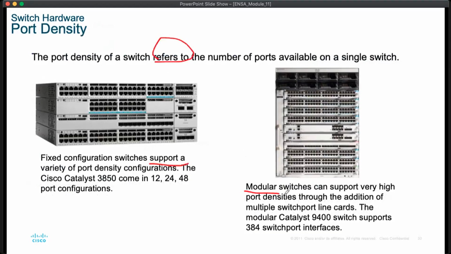Modular switches can support very high port densities through the addition of multiple switch port line cards. The modular Catalyst 9400 switch supports 384 switch port interfaces.